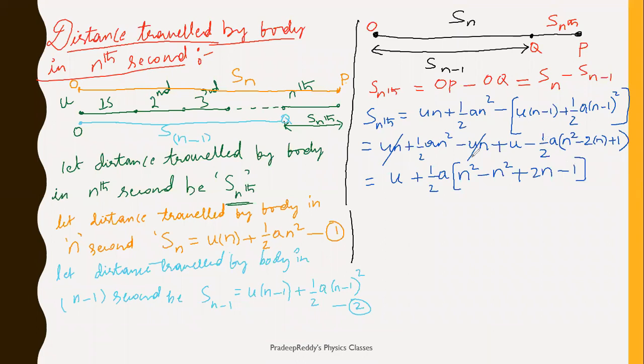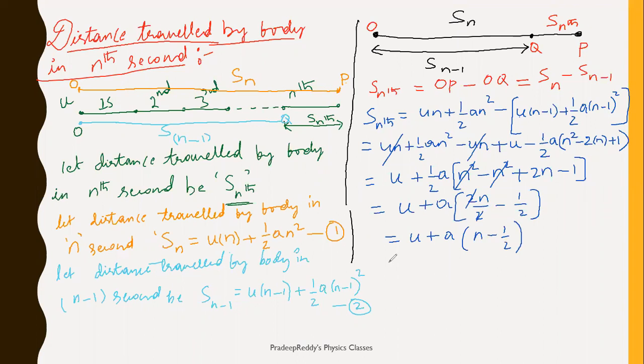Plus n square minus n square gets cancelled. This is equal to u plus a, taking the half inside, 2n divided by 2 minus 1 by 2. So this is equal to u plus a into, 2 and 2 get cancelled, n minus half, right?